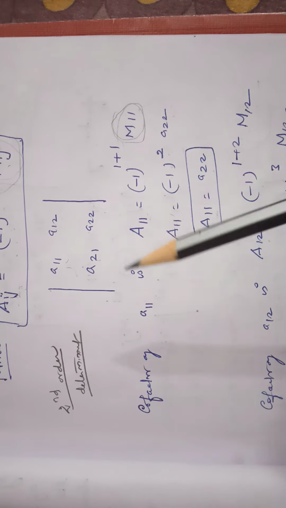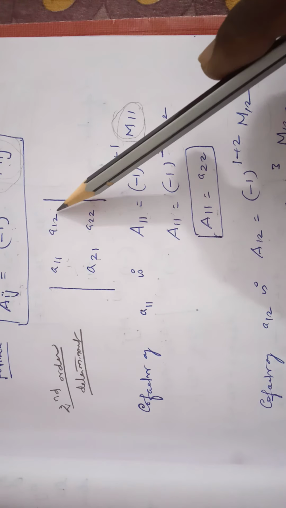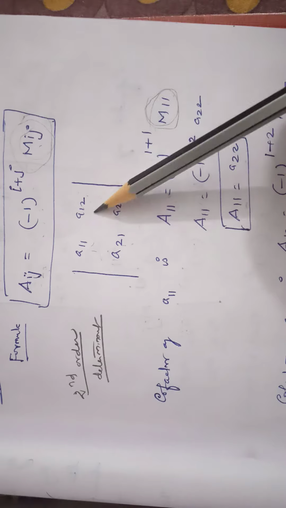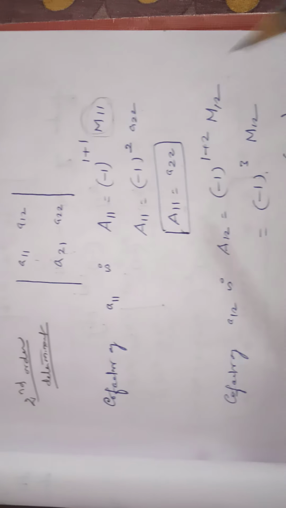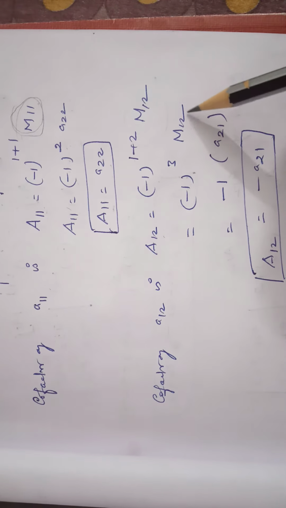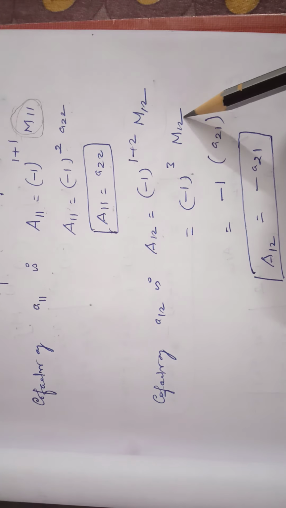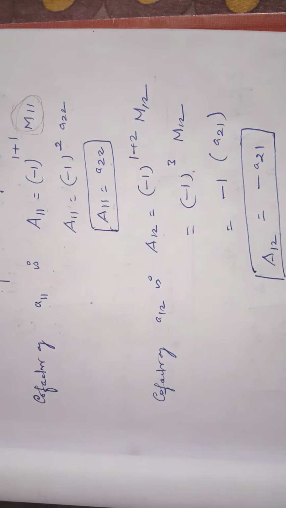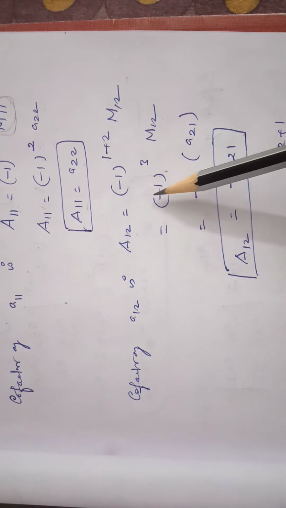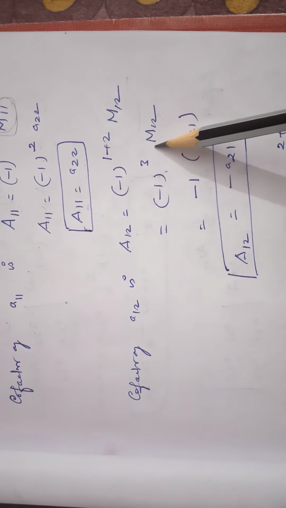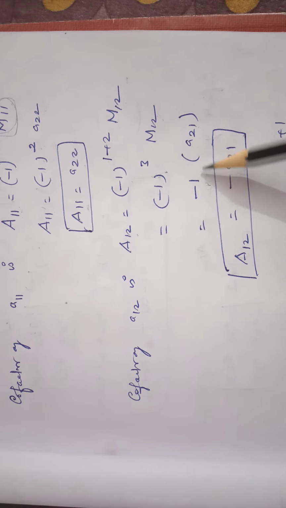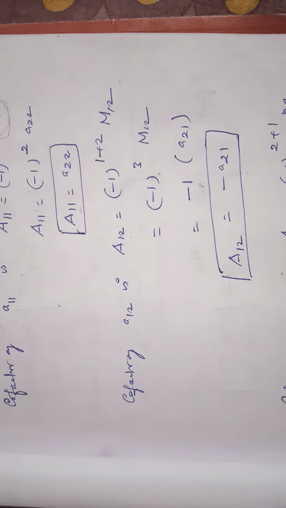The minor of A12 is A21. So minus 1 cube is minus 1 into minus 1 into minus 1, so the value is minus 1 into A21, which is minus A21.